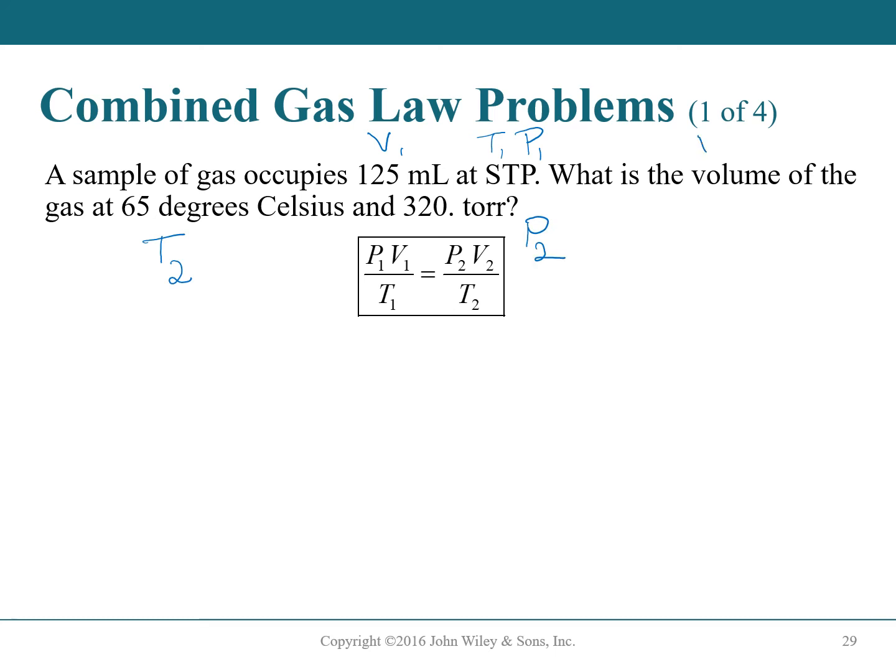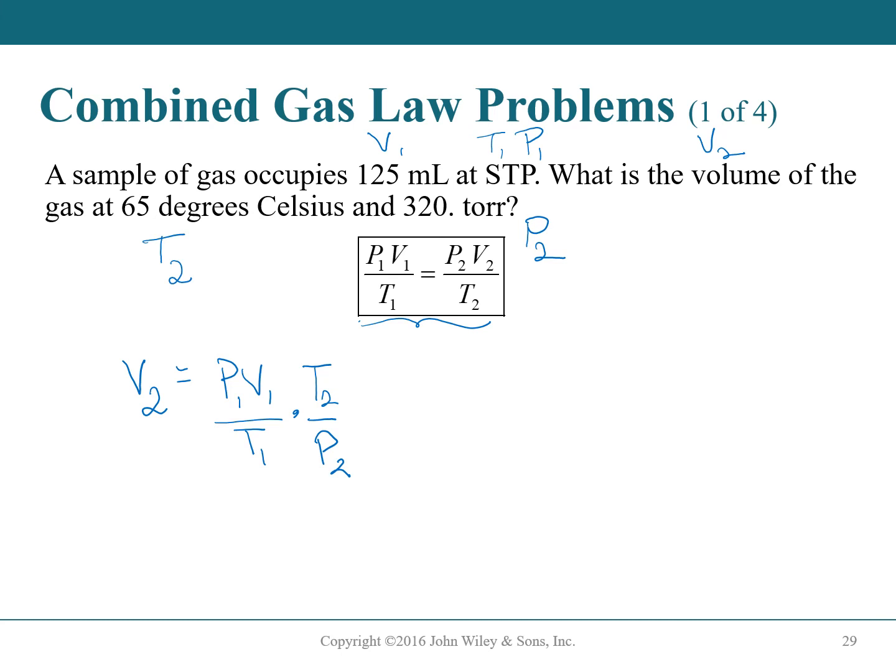The volume is what we're looking for. So we're going to use the combined gas law, and I'm going to multiply both sides by T2 and divide both sides by P2, so you get V2 by itself: P1 V1 over T1 times T2 over P2.